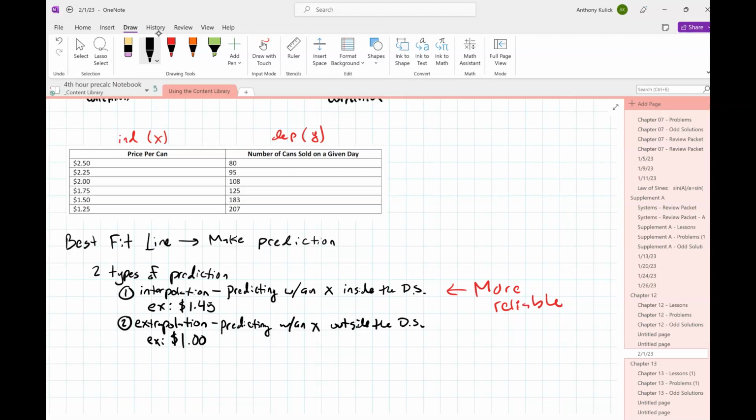We just know that inside the data set, it looks pretty linear, but maybe it starts doing something else afterwards. Can you guys think of something in real life that could look linear for a little while, then stop being linear?